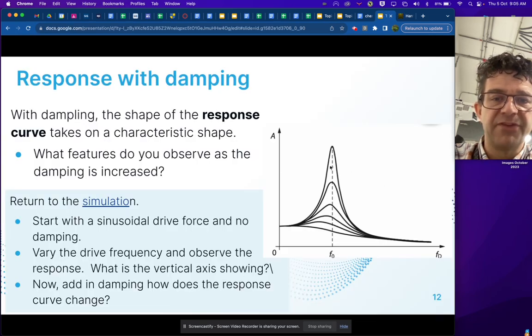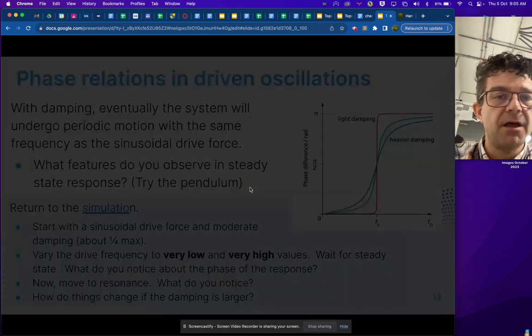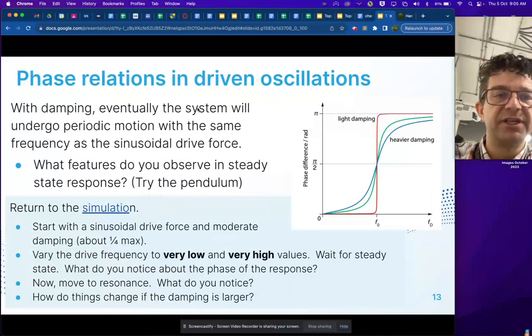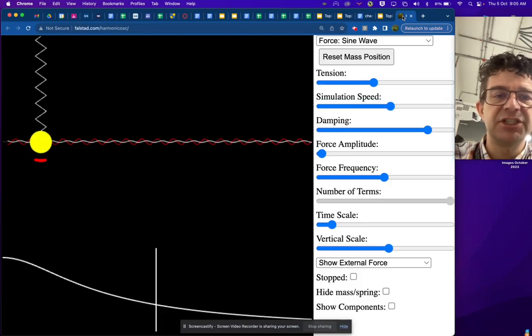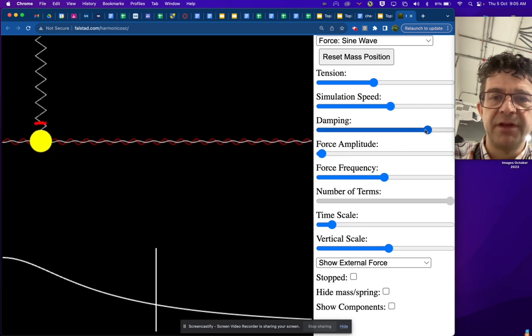So here on this curve, we can see that the increase in damping broadens the response curve, drops the maximum down, and slightly shifts the peak to lower frequencies than the natural frequency. Along the way, we also noticed the phase relationships in these damped-driven oscillations. We'll look at that again here.